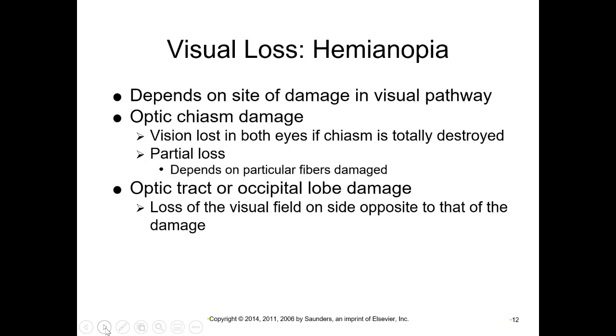Visual loss, hemianopia. Depends on the site of damage in the visual pathway. The optic chiasm is damaged. Vision is lost in both eyes if it's totally destroyed, and partially lost, but it depends on particular fibers that are damaged. So the optic tract or occipital lobe damage, there's loss of the visual field on opposite side to that of the damage.